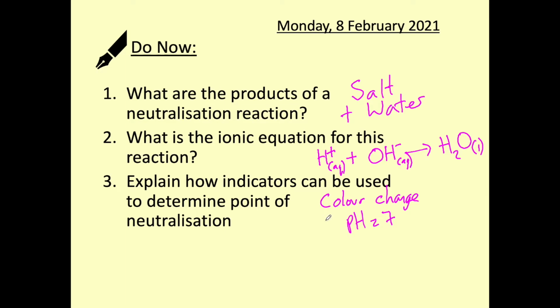So for example, universal indicator would be green at a pH of 7. However, because it's got that range of colours all the way through the pH scale, it's not often the indicator that we would use to determine it. Instead, we use indicators which have distinct colours for acid, alkali and neutral.